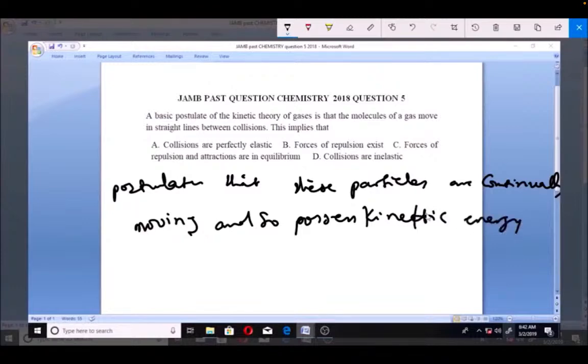So that is the postulate. According to the assumption of the kinetic theory of gases, they move in a straight line between collisions.